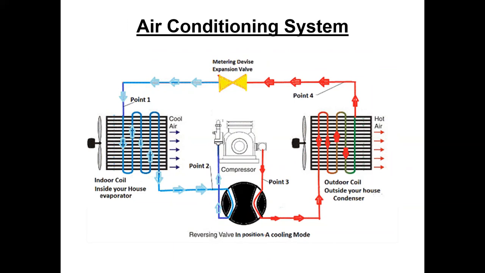And so, how is it that we can transfer this heat from this cool room to the hot outdoors? Well, we have a working fluid. We have a refrigerant. So basically what we do is at the top of this thing, when I come out of this metering or expansion valve, that's a pressure drop. This refrigerant gets really cold.